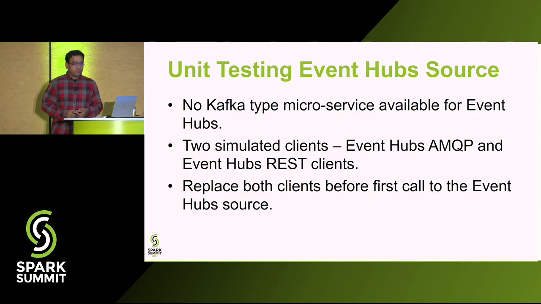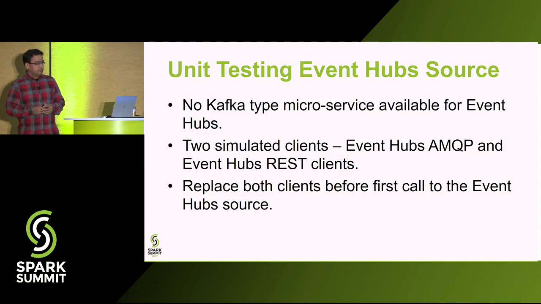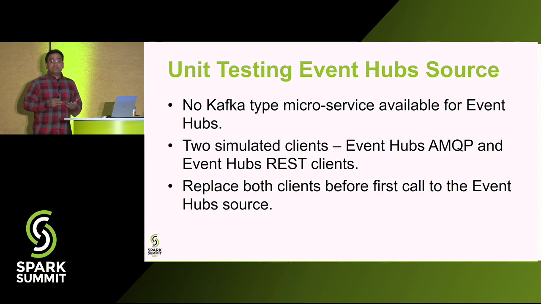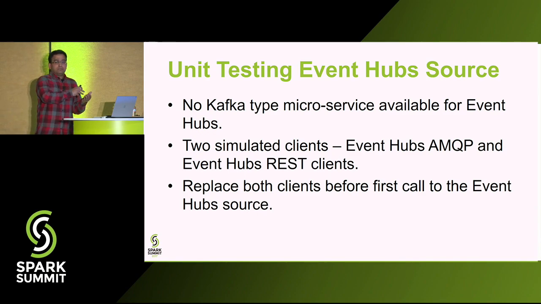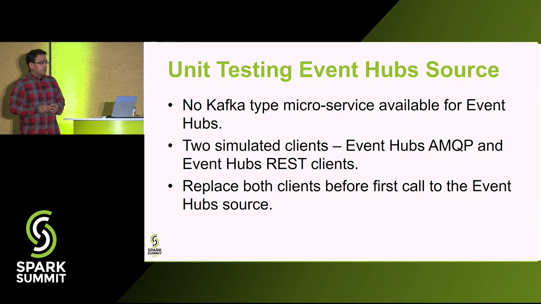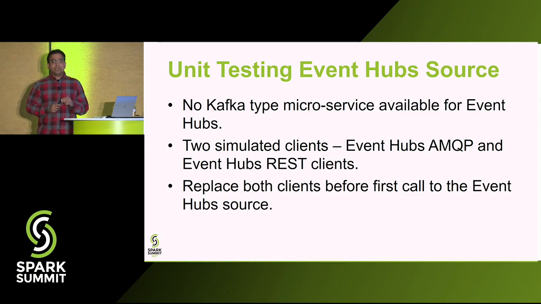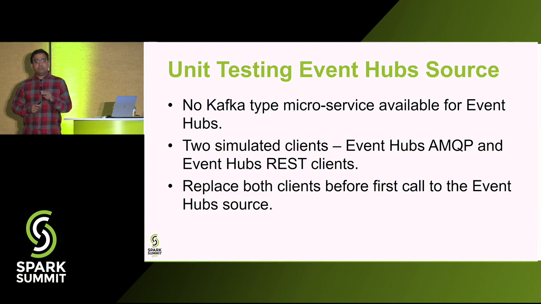While looking at the EventHubs source, the characteristic that jumped out is that EventHubs doesn't have a Kafka-type microservice. And when we do unit tests, we really do not want to initialize a real EventHubs source, which actually talks to EventHubs in Azure. And the EventHubs source actually uses two clients underneath. One is the EventHubs AMQP client, which does the data transfer.